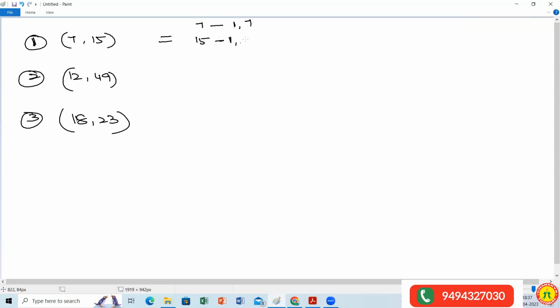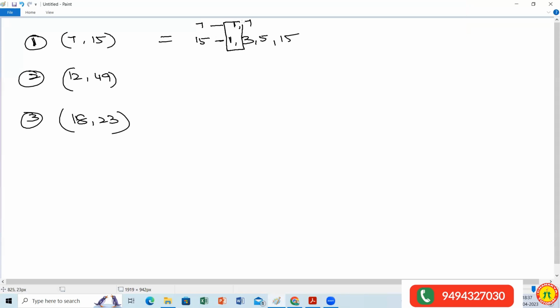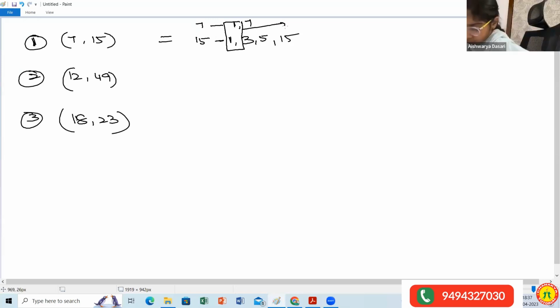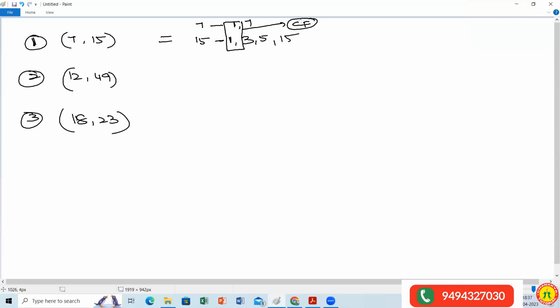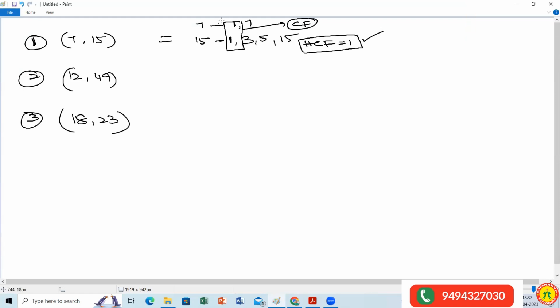It has 1, 3, 5, 15. What are the common factors here? Only 1. If they ask for the highest common factor, it is also 1, because there is no other number, only 1 as a common factor.